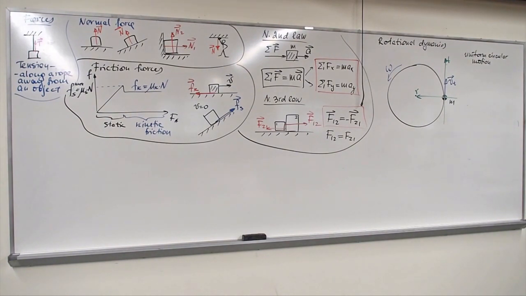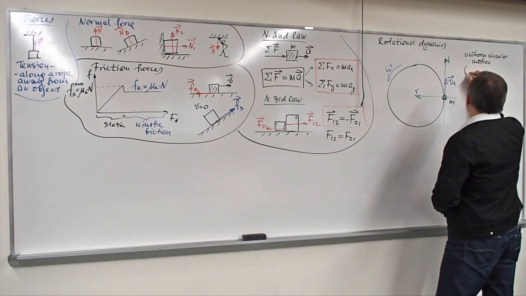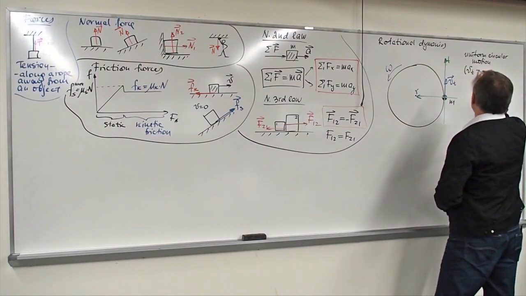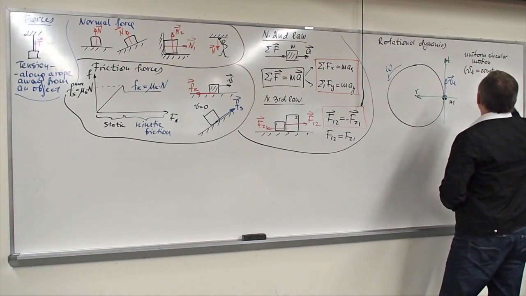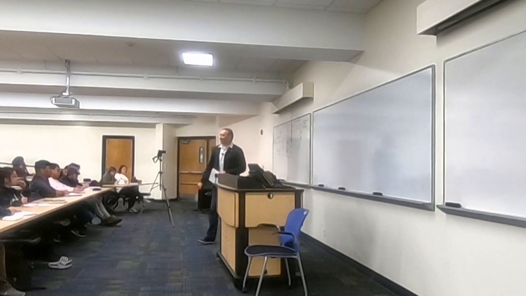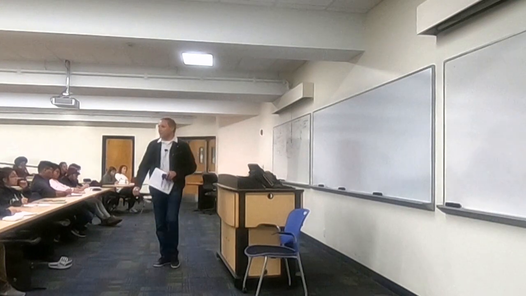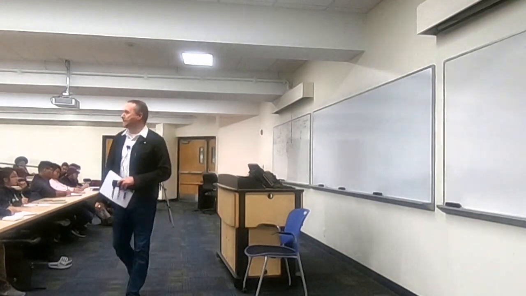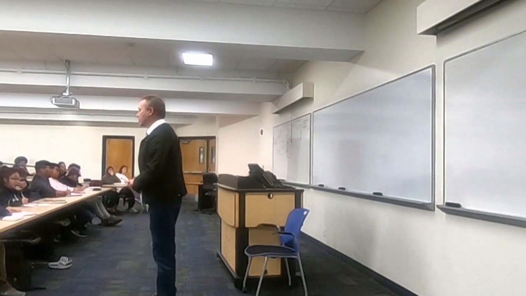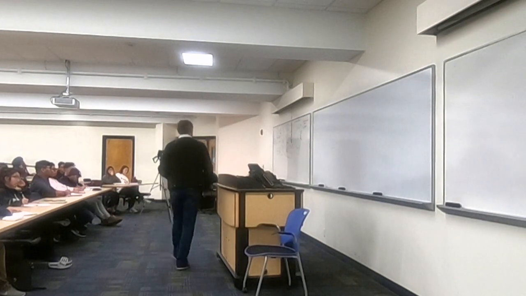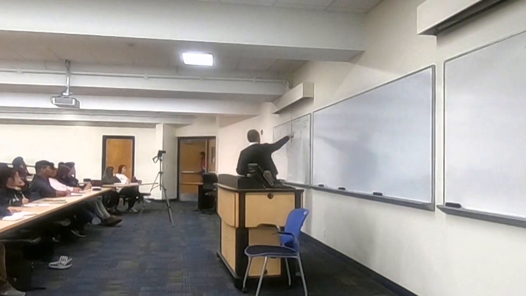Again, the absolute value of V tangential equals a constant. As a result, you started saying something about acceleration. So what about tangential acceleration in this case? Zero, right? Because tangential acceleration describes how fast the magnitude of this velocity changes.